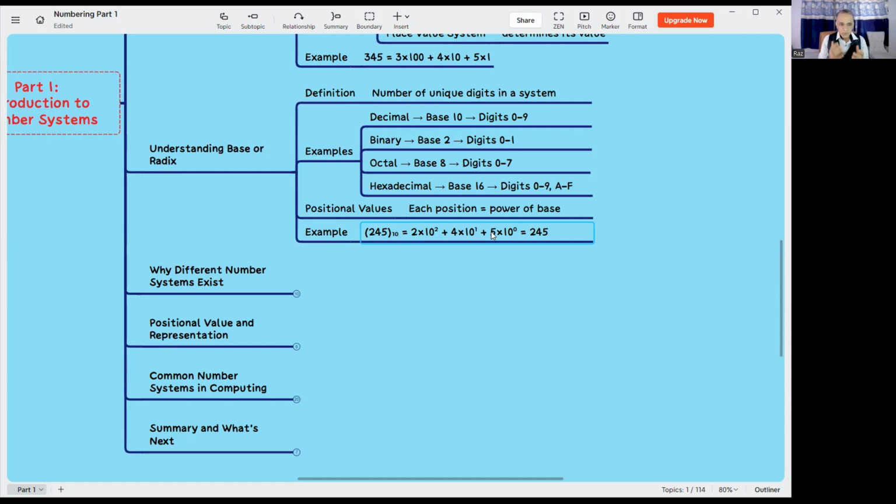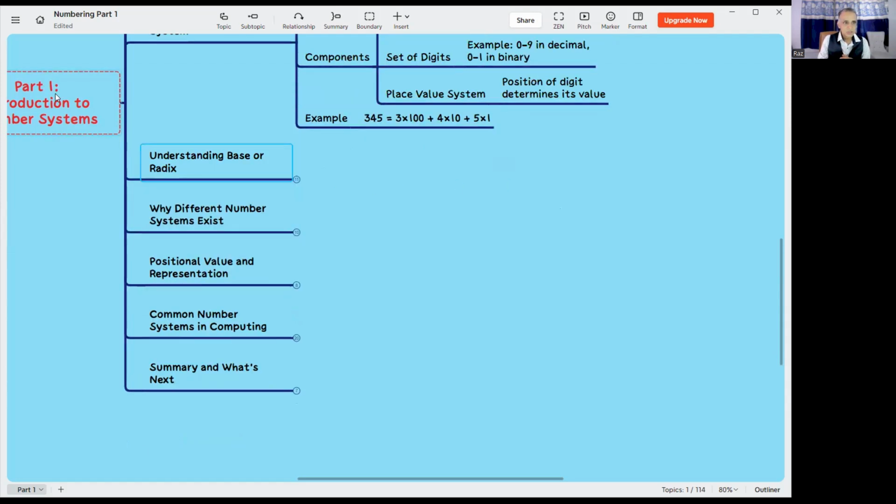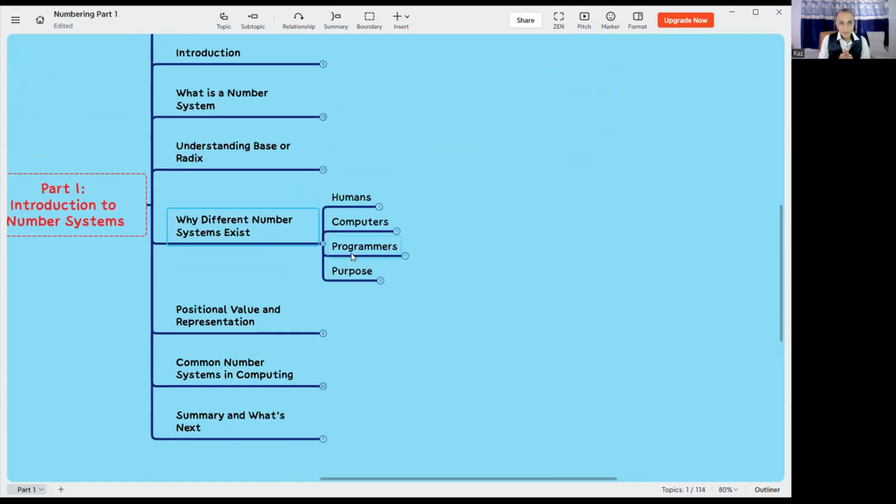Now you might be asking why different systems exist. As human beings, right from our first standard, when we start learning, we start counting with our fingers, 1, 2, 3, up to 10. So throughout our life, unless someone is learning computers, it's all about the decimal system only, and that's the only numbering system a person is learning.